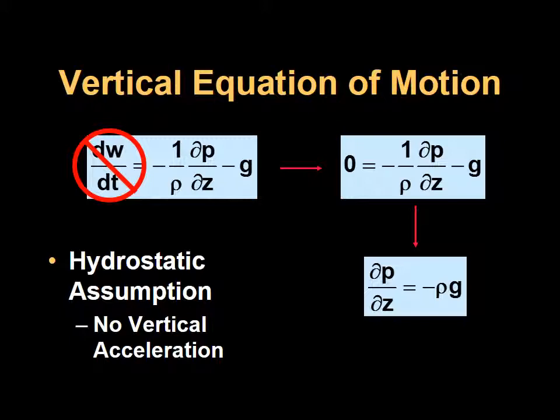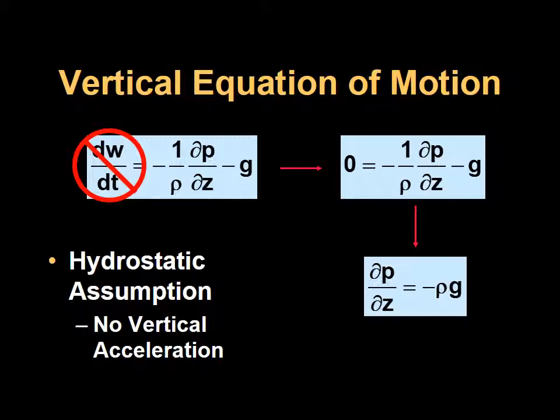So if those two terms are in balance, if the pressure gradient is balanced by gravity, then there's no vertical acceleration, and we call that a hydrostatic atmosphere. And remember, we talked about this already. This is your hydrostatic assumption. And this is where the hydrostatic assumption comes from.